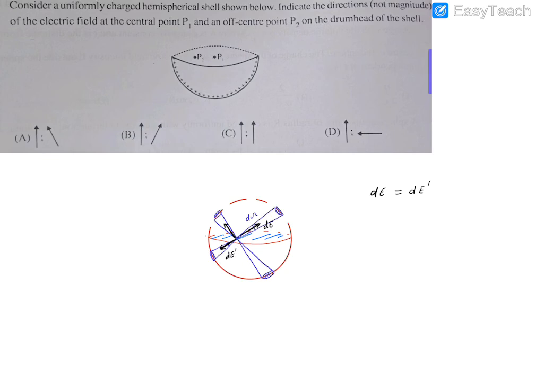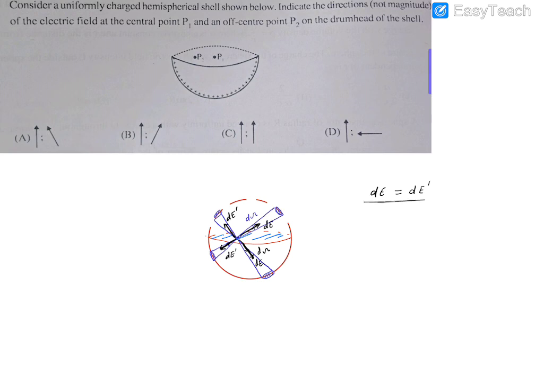Because the way this was having the field dE dash, exactly the same manner this will have the field dE dash in this direction, because we have taken a symmetrically oriented another element, and this is also of the same solid angle. So this will become dE dash. Moreover, because of this element, you will find the field in this direction is going to be dE. Are you getting my point?